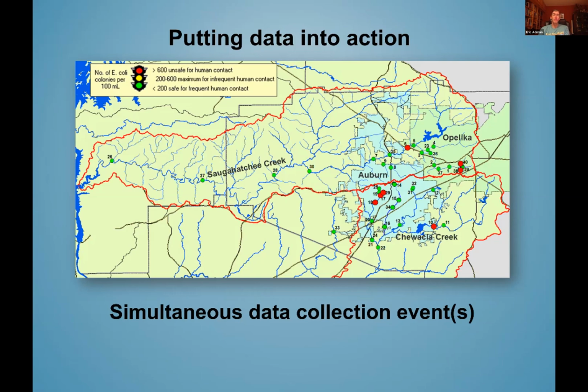The purpose was to find where the highest levels of E. coli were, so they could correlate those and maybe find a source. By doing that, they ultimately did find a source. They worked in conjunction with Seattle Public Utilities, who helped them design this citizen science experiment. They found that an apartment complex had a side sewer that had been incorrectly plumbed into the storm sewer. So that was one particular source they found.